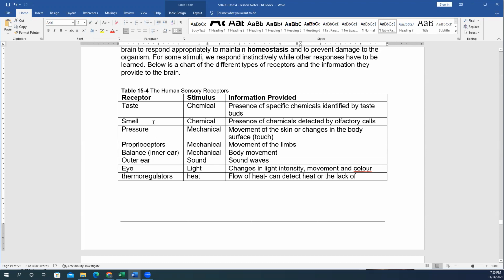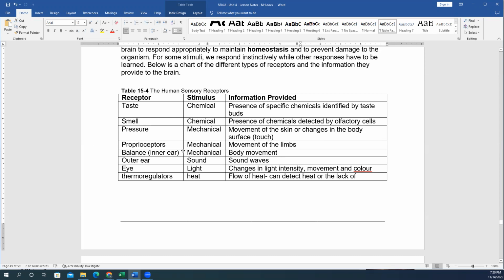Our pressure receptors will respond to mechanical stimuli that will provide either pressure or a sense of pain, and they will provide information as to the movement of the skin or changes in the surface of our body in response, for example, touch.